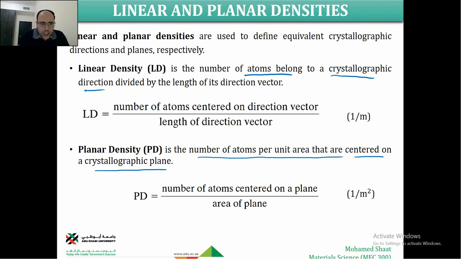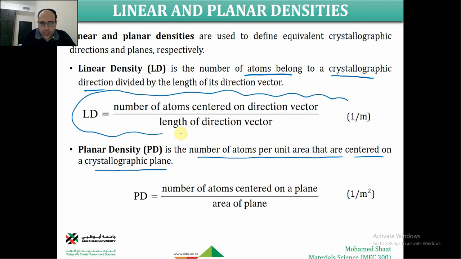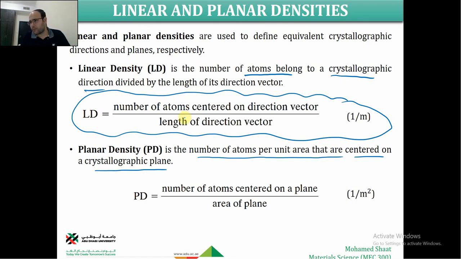This is the formula of the linear density. LD stands for linear density. It equals the number of atoms which are centered on a certain crystallographic direction, divided by the length of this direction.